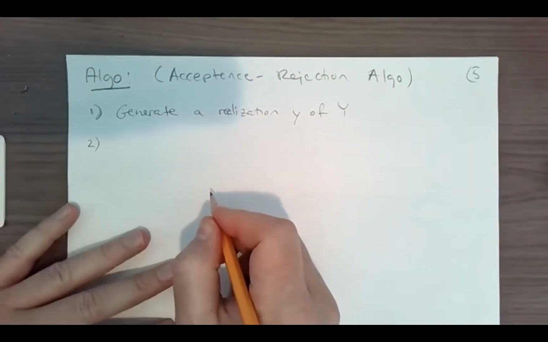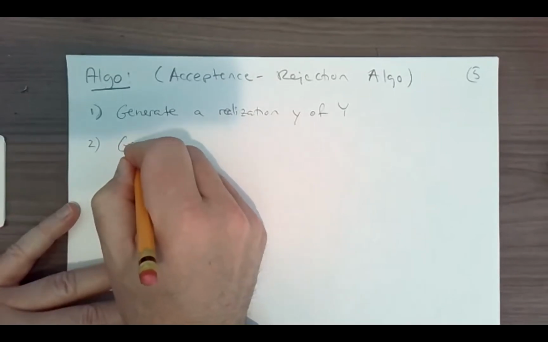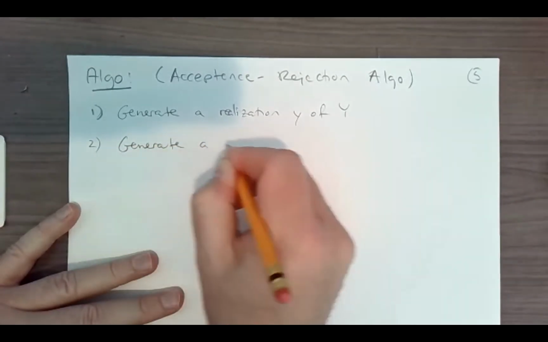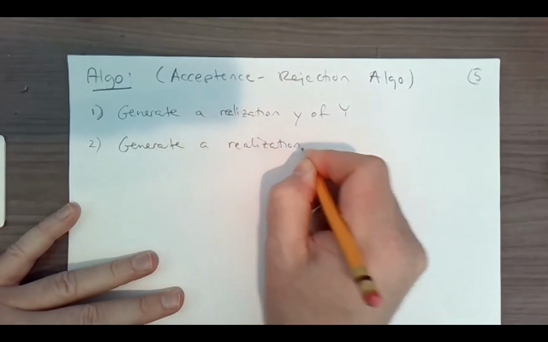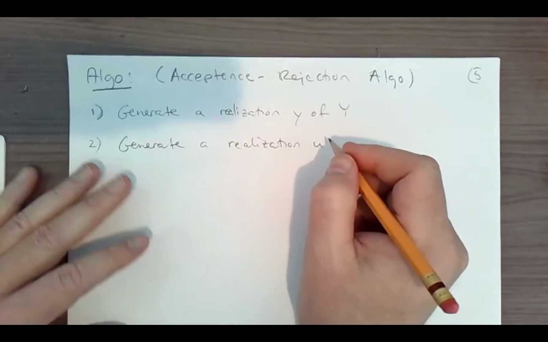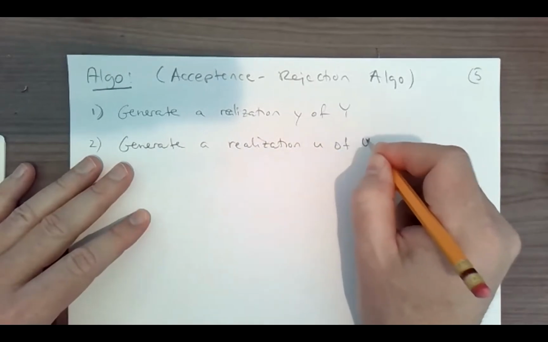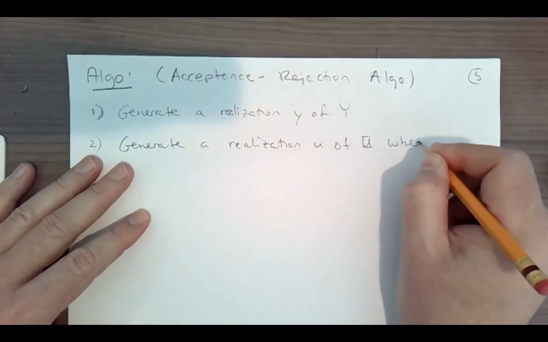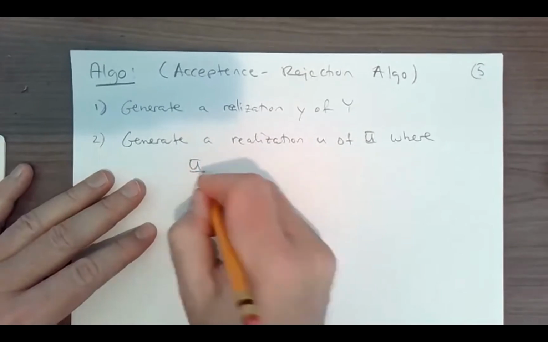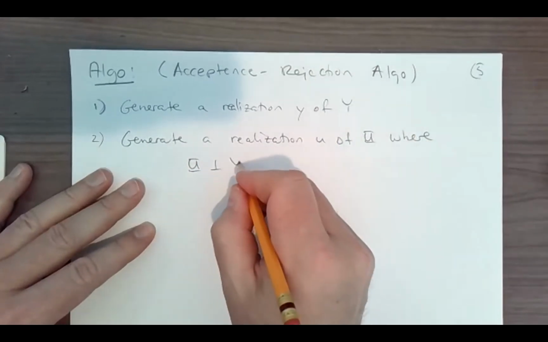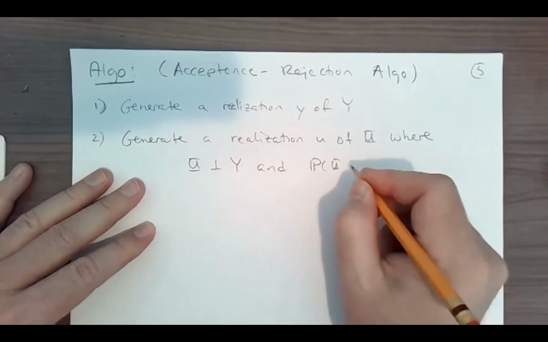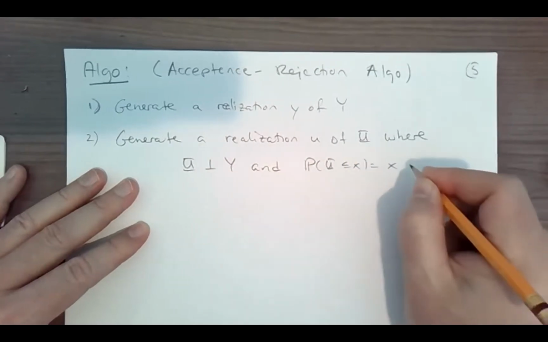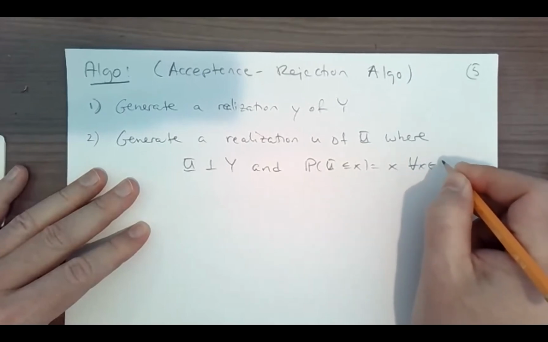And the next step is you're going to generate a realization u of capital U, where U is independent of your Y and U is uniform on the interval 0 to 1.